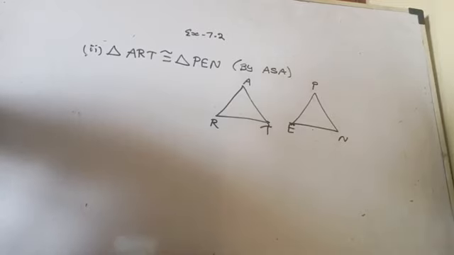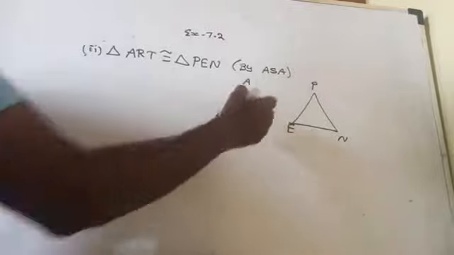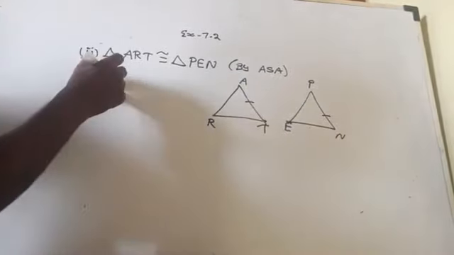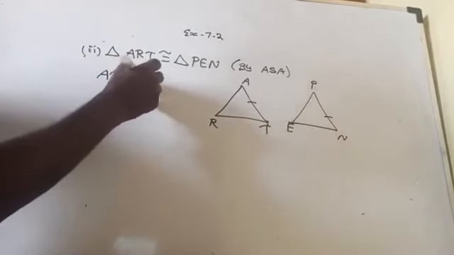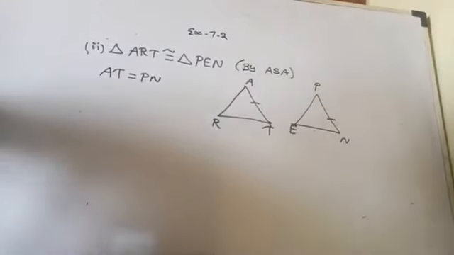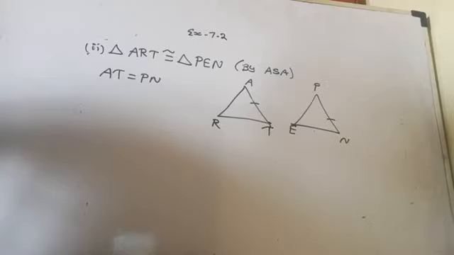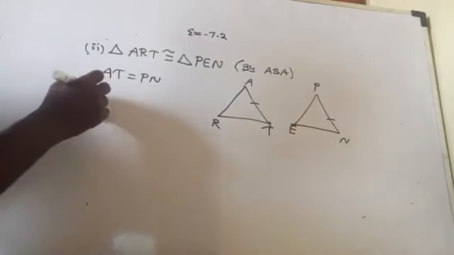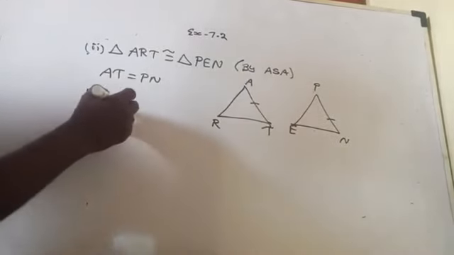Then it is given that AT is equal to PN. Then you have to say what are the two angles that are equal?